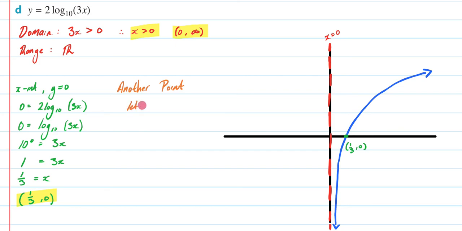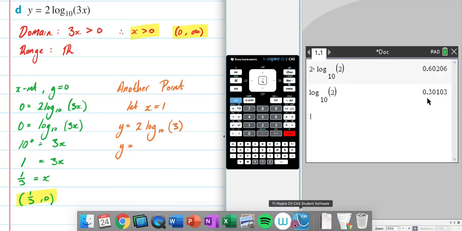Let x equal 1, which means you're going to have y equals 2 log to the base 10 of 3 times 1, which is 3. And this is where you'd have to use your CAS. I'm going to bring my CAS up.